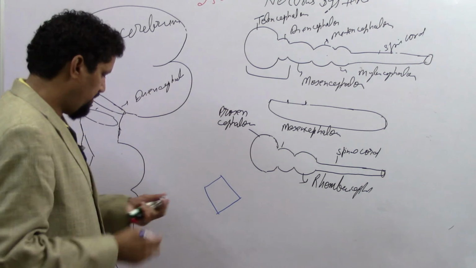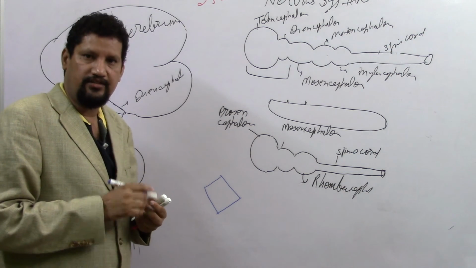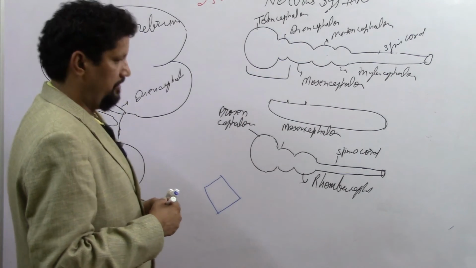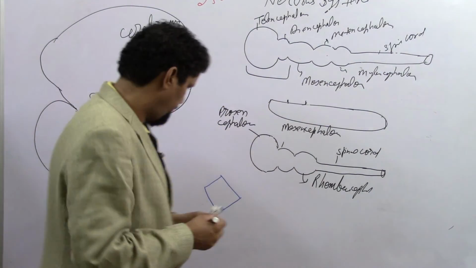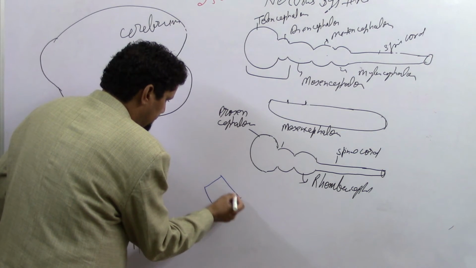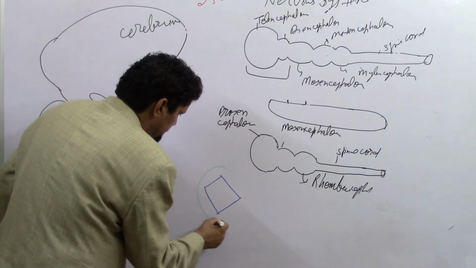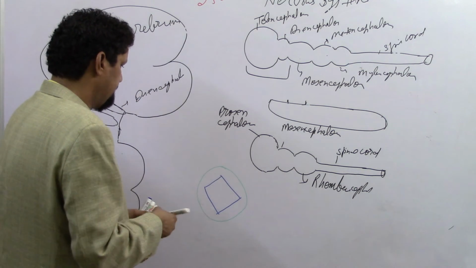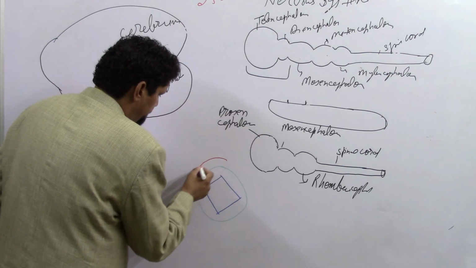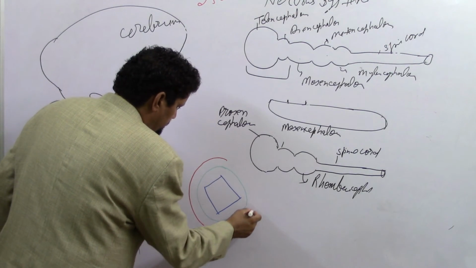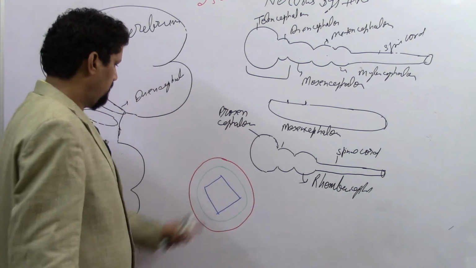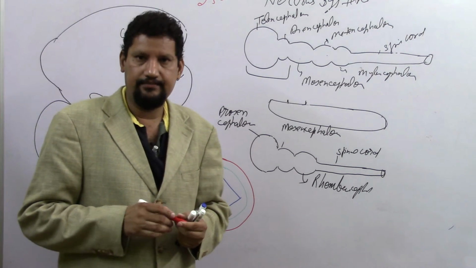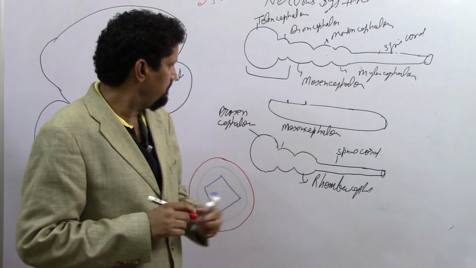Here I will discuss very briefly the formation of the nuclei of the functional components of the nerves in the primitive part of the neural tube, that is, the spinal cord. Here is the ependymal zone, this is the intermediate or mantle zone, and here is the outermost marginal zone. The mantle zone has the nuclei of the spinal nerves.